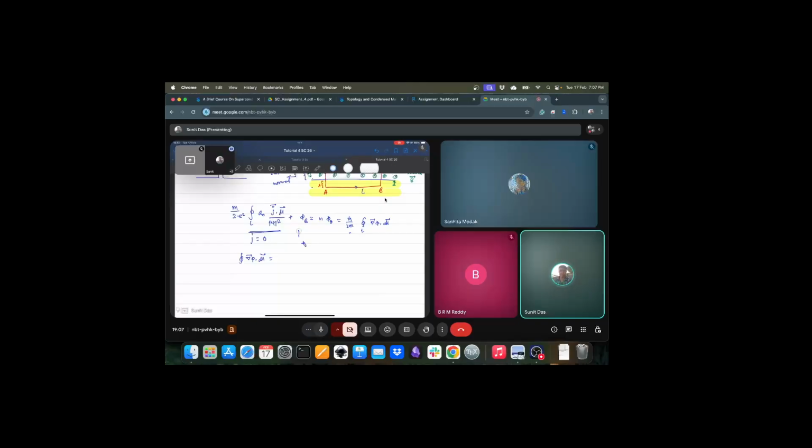This implies that phi b is equal to h bar by 2e closed loop integral of grad phi dot dl, right?